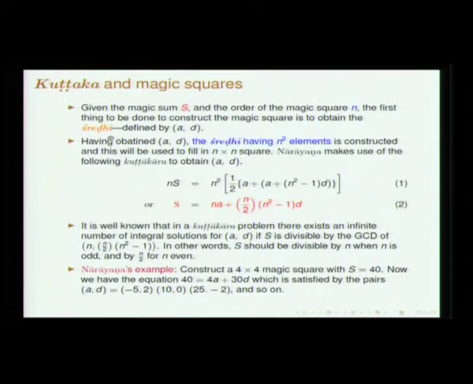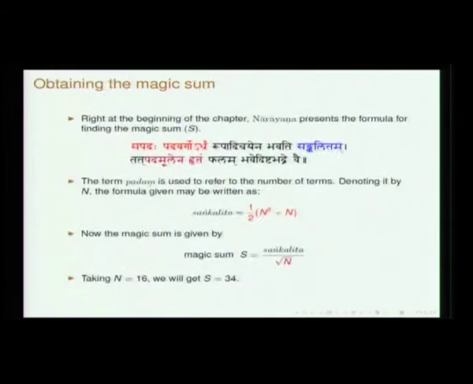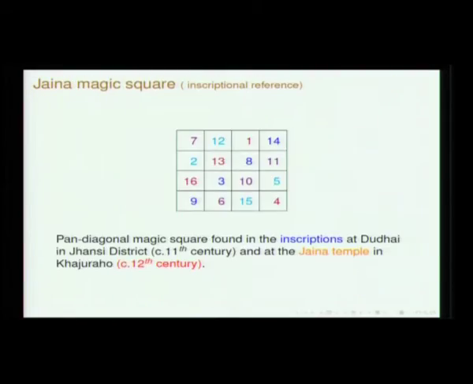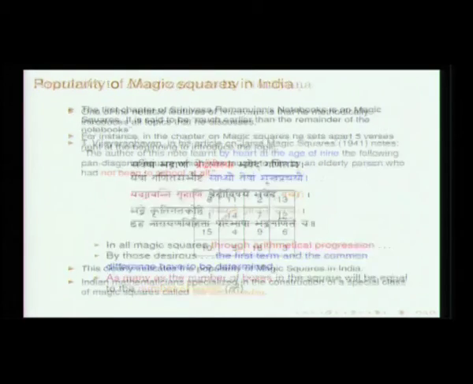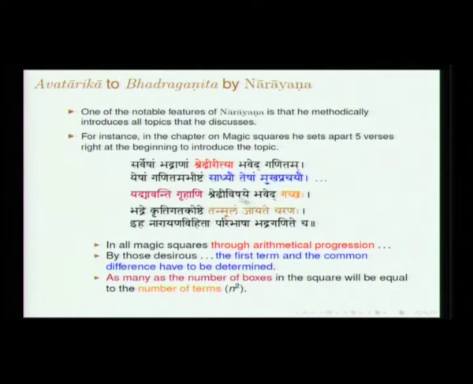There is another verse, I do not know if I have quoted it, but I will just tell you. In the very next verse, Narayana gives how to find A and D. If you recall, right at the beginning of the chapter, Narayana said that in dealing with magic squares, all you have to do is Sadhyau Tesham Mukha Prachayau.